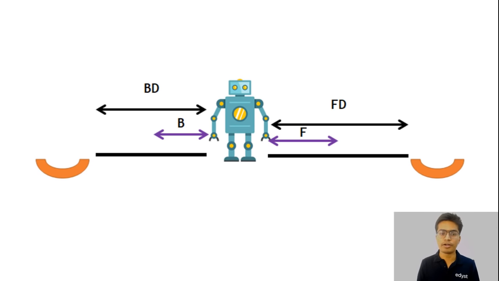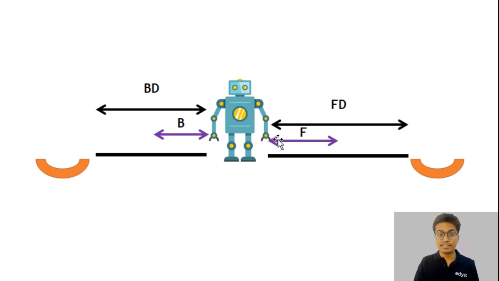We draw a robot. Make sure you understand how the front ditch and the back ditch look, and where they are placed. The front ditch is at a value of FD, and your back ditch is at a value of BD, away from the center or your initial position, which is 0.